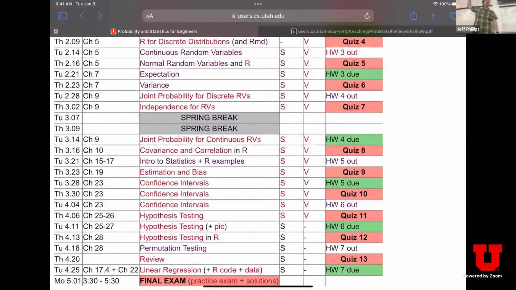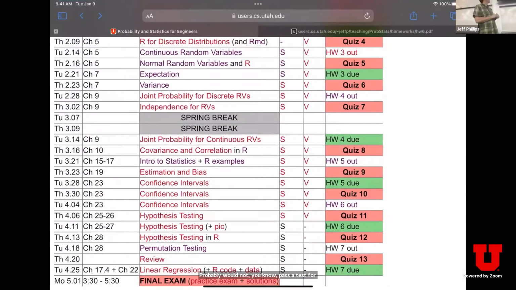Who would like it on Thursday 4/20? A bit more time to review. Okay, and how about 4/25? Okay, I think it's pretty evenly split. Probably would not pass a test for significance.